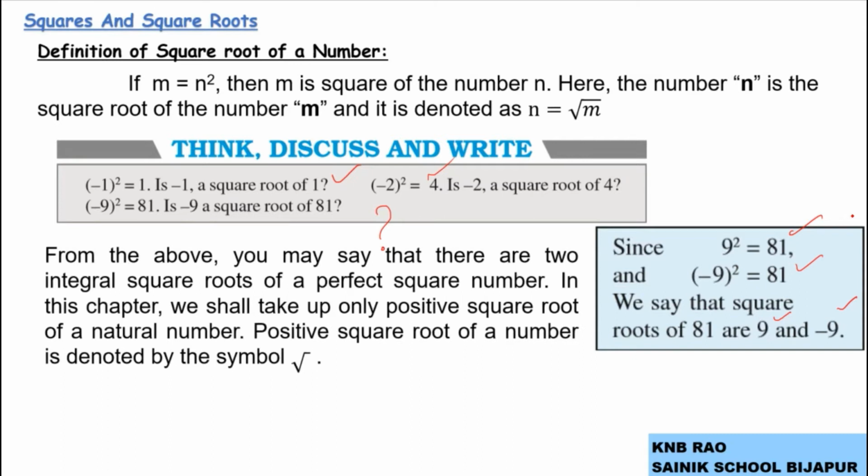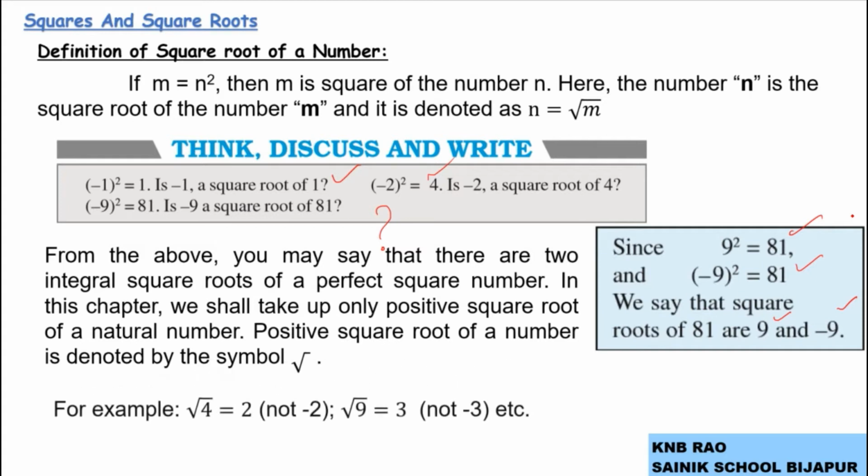You may say that there are two integral square roots of a perfect square number, that is, for a perfect square number, meaning a positive natural number only. But in this chapter, we shall take up only the positive square root for those perfect squares, because this radical sign denotes only the positive square root.